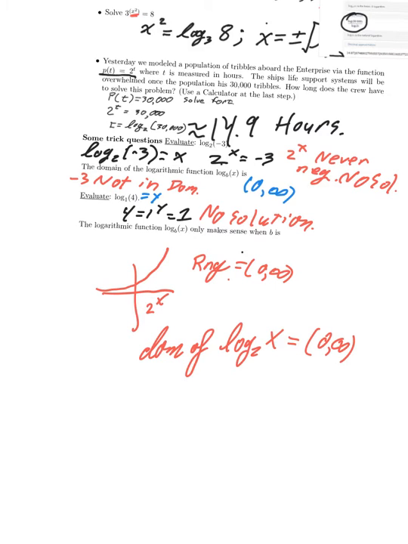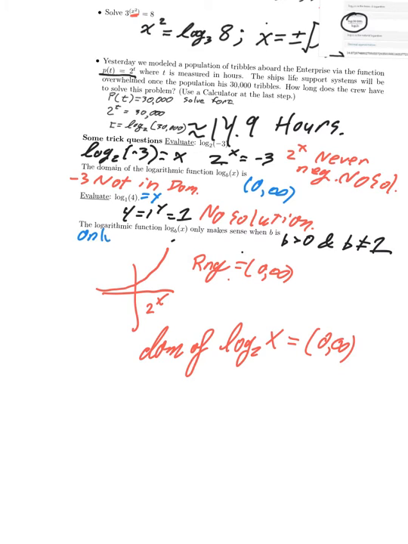So the takeaway is the function log base b of x only makes sense when two things happen. b is greater than 0, and b is not equal to 1. So I'm going to write that in blue just to write this again.